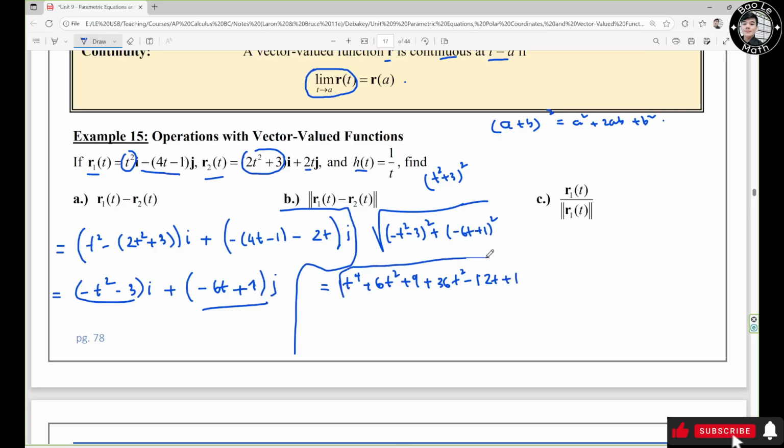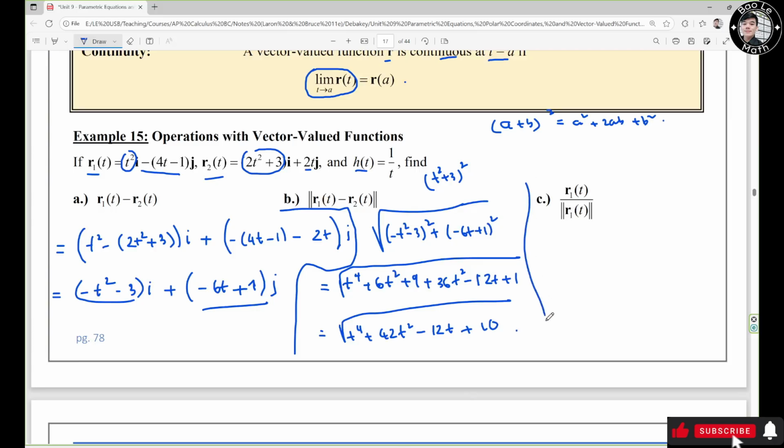Don't forget the square root. Now I'm going to simplify this one, so it's going to be t power 4 plus 42t squared minus 12t plus 10. This one is the final answer, right?